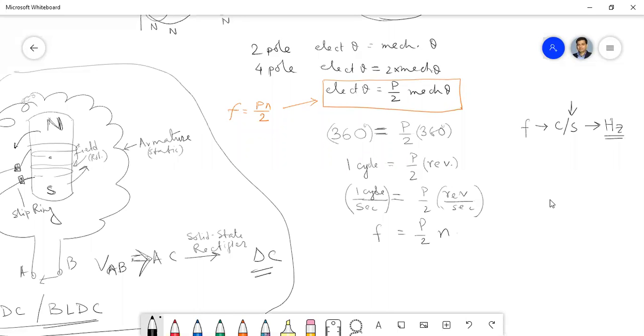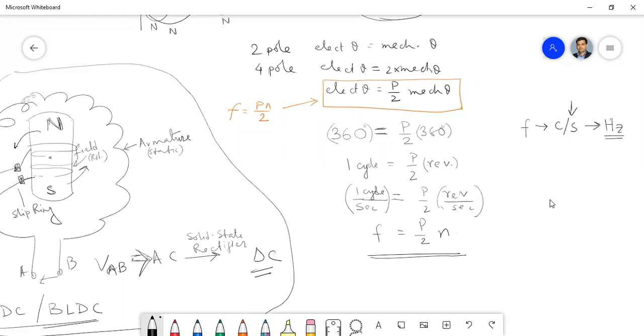I'm just telling you how we are getting this formula. f = Pn/2, which we have already used in our earlier expressions. Electrical angle equals P/2 into mechanical angle. So 360 electrical angle equals P/2 into 360 mechanical angle.